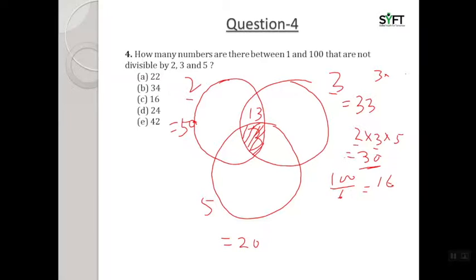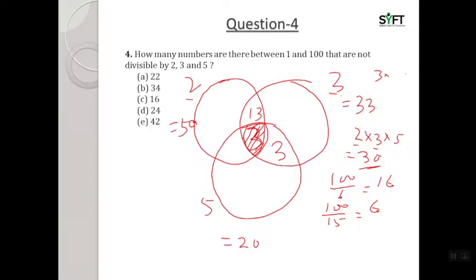And then similarly we can find out between 3 and 5, that is 15. So 100 by 15 comes out 6. So there are 6 numbers from 1 to 100 which can be divided by both 3 and 5. But out of 6 we have already considered 3 here, because these are the 3 numbers divisible by 2, 3 and 5. So out of 6, 3 is gone, so 3 here.